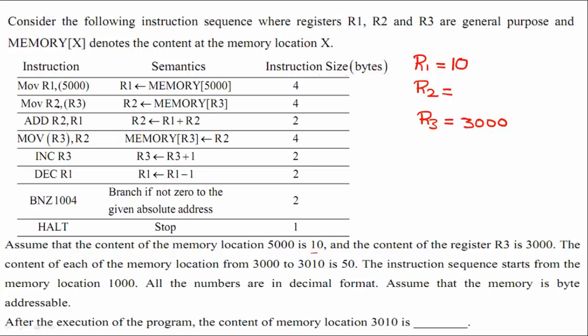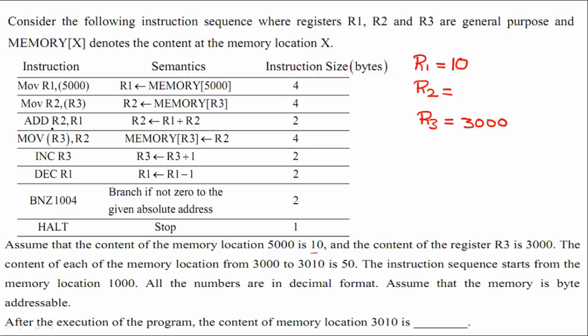Now let us see. Move R2 comma R3. That is, whatever the contents that are available at R3 are going to show you a memory address. From that memory address, a value will get transferred to R2, and then R2 and R1 will get added, and finally it will get transferred to R2.